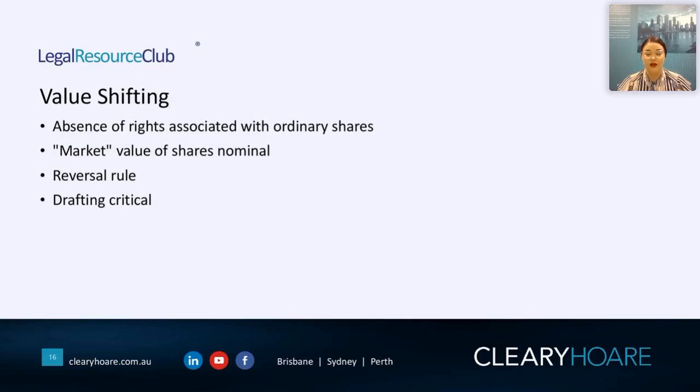To determine the market value of these discretionary dividend shares, we need to look at the bundle of rights associated with them. If you look at the shares, they simply don't have any rights. So they're going to have a value that's less than nominal, so you won't activate the market value or value shifting rules. It's simple to see that they don't have a market value, but when we're drafting those shares, it's quite critical.